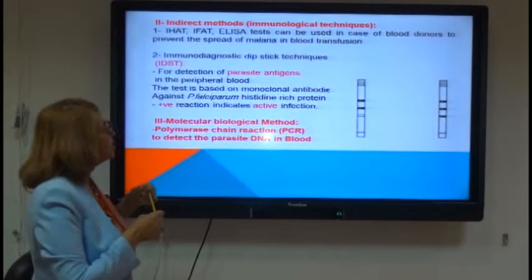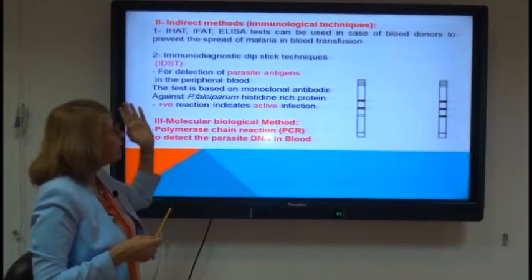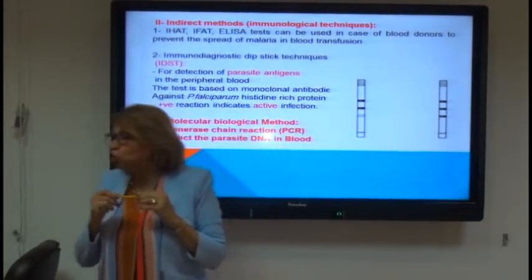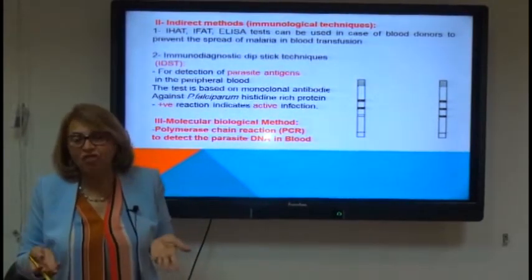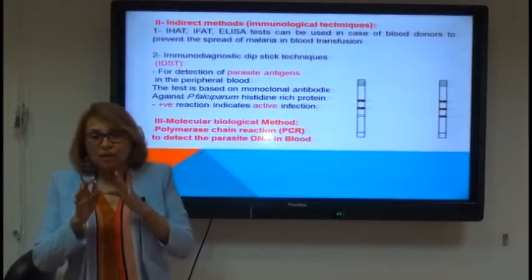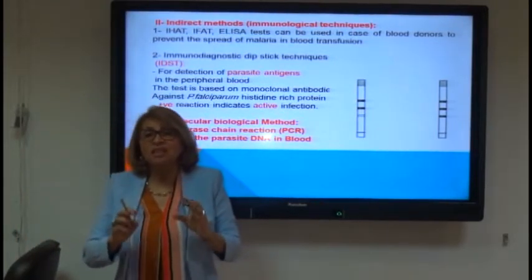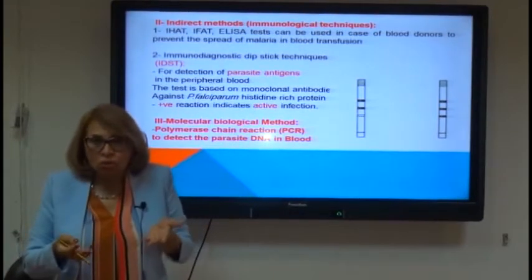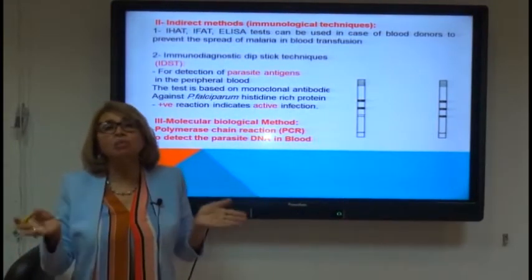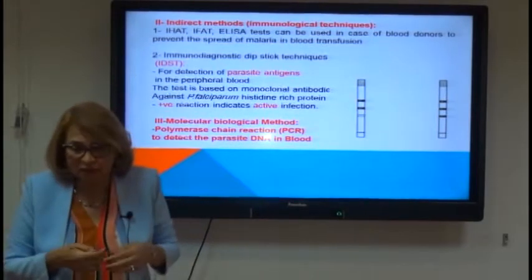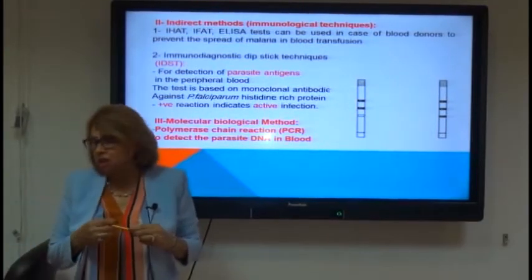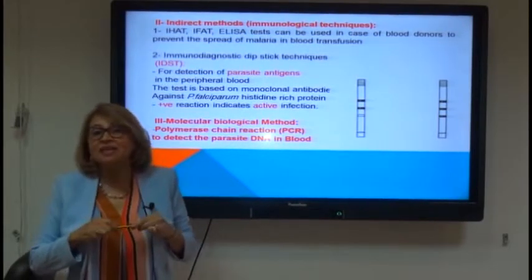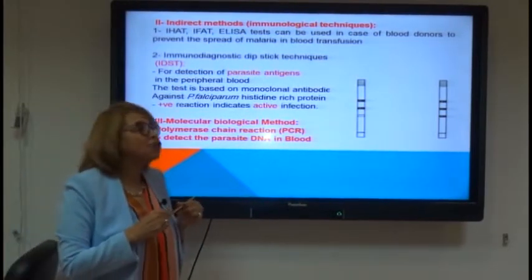Detection of antibodies by indirect hemagglutination, ELISA, or immunofluorescence is done only in blood donors, to be sure they do not have malaria and will not transmit it to the recipient.